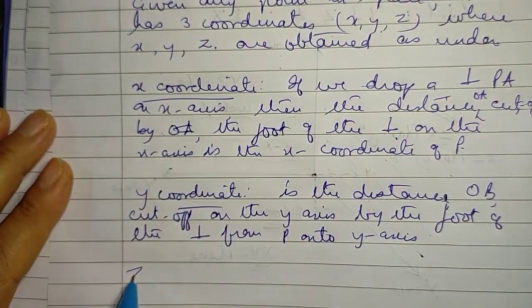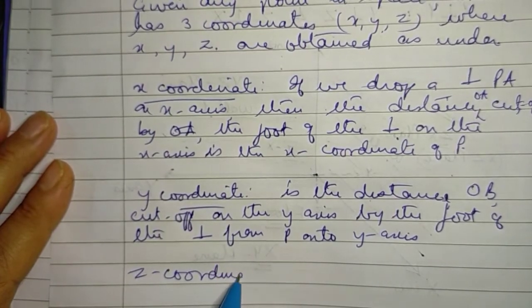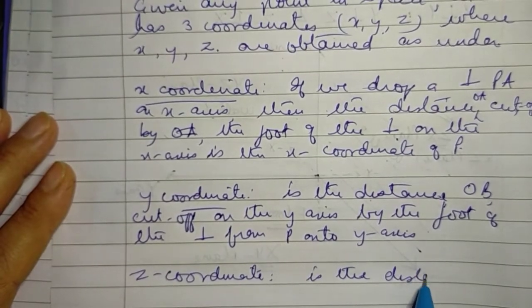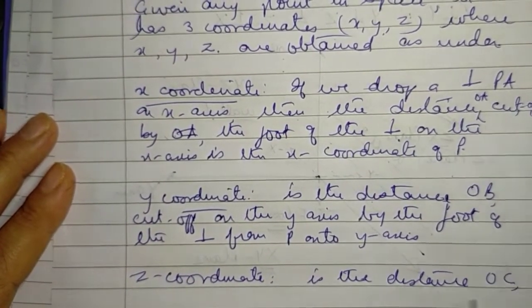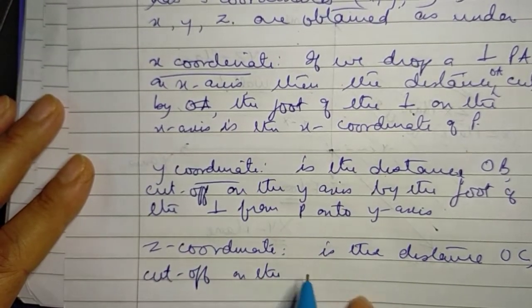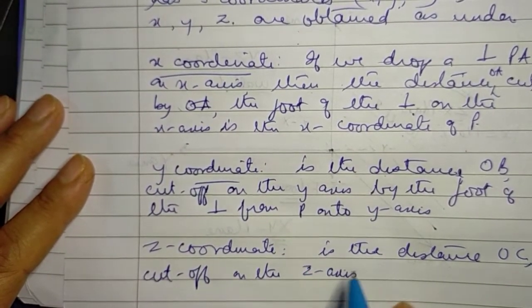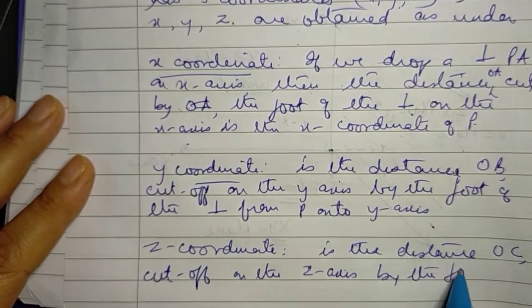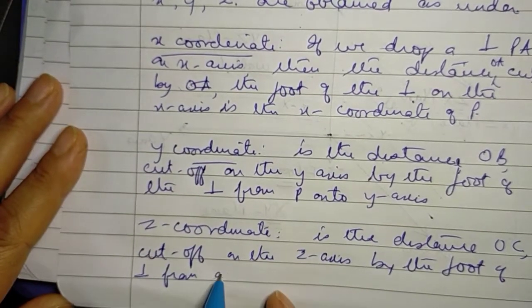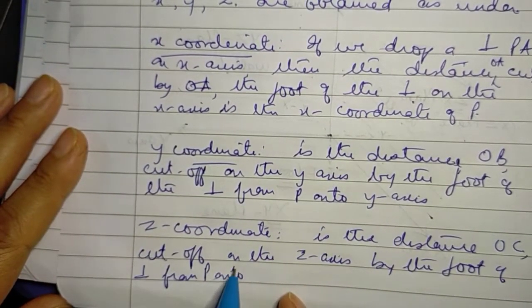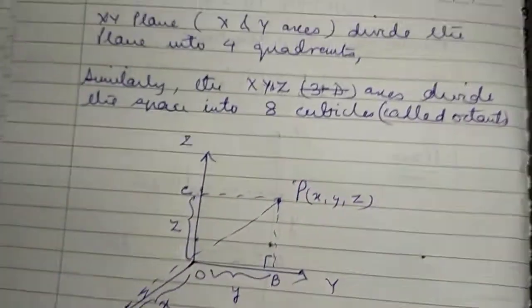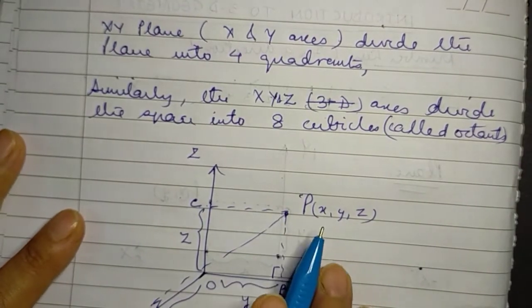Same way, the z coordinate is the distance OC cut off on the z axis by the foot of the perpendicular from P onto the z axis. This way we are able to identify x, y and z.